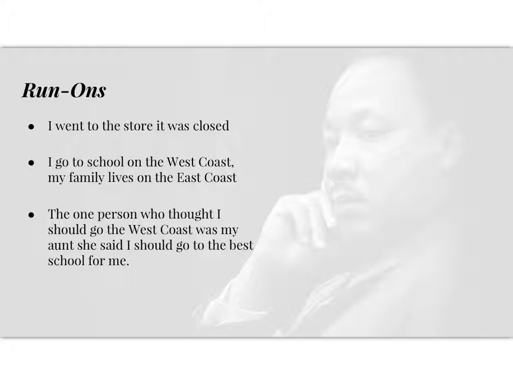So if we look at our first one, I went to the store, it was closed. If you make it a yes-no question, did I go to the store? That takes care of this first idea. Was it closed? That's this second idea.